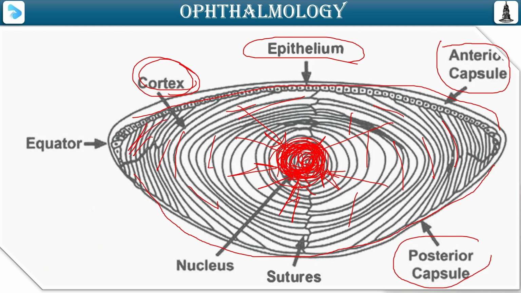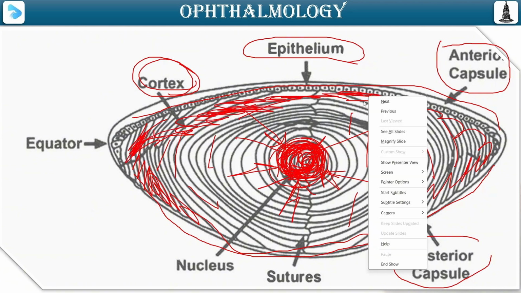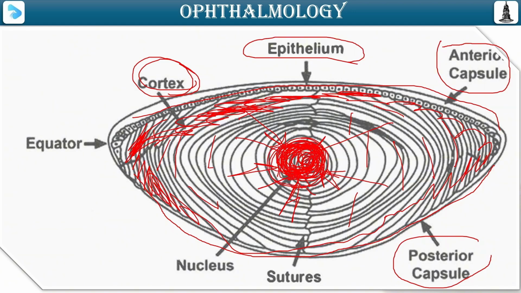But the cortex here of the nucleus, as I am highlighting right now, these fibers will be soft. Why? Because I said before, the anterior capsule has an epithelium. That epithelium secretes more new fibers with age. So there will be soft fibers here, and hardening and sclerosis of the proteins here.